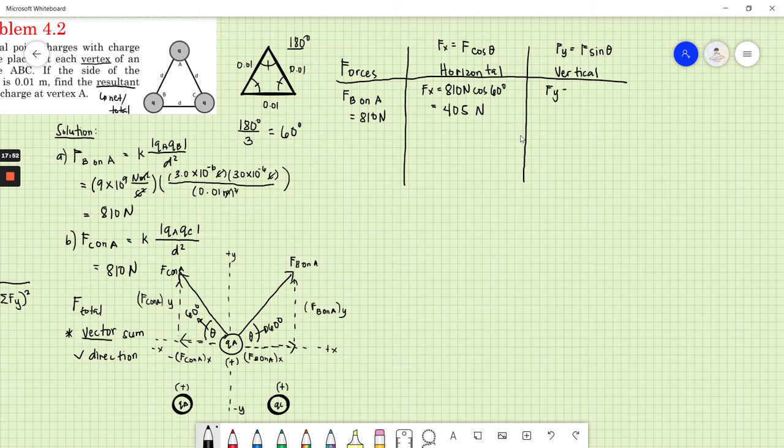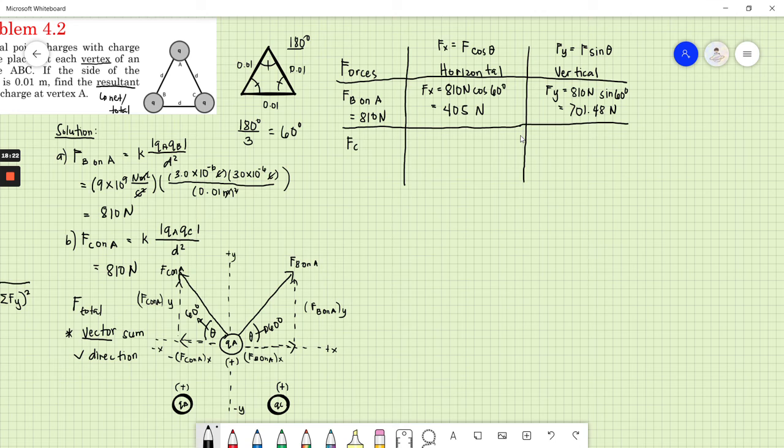We just have to take the magnitude of the force, which is 810 newtons, and multiply it with sine of the angle, which is 60 degrees. And that is equal to 701.48 newtons. So now we're able to find the x and the y component of FB on A.